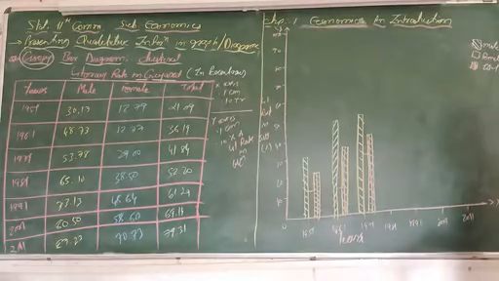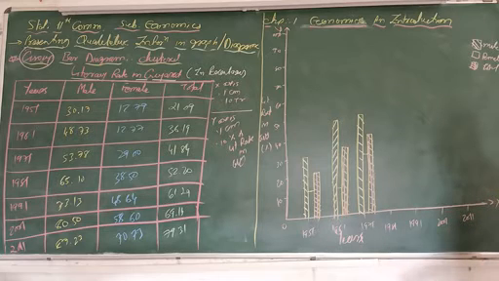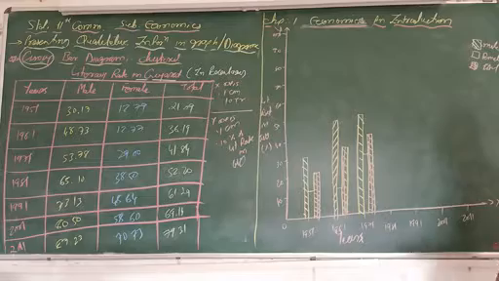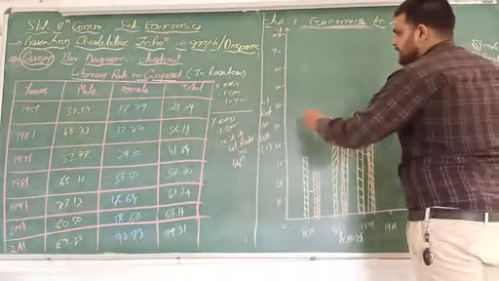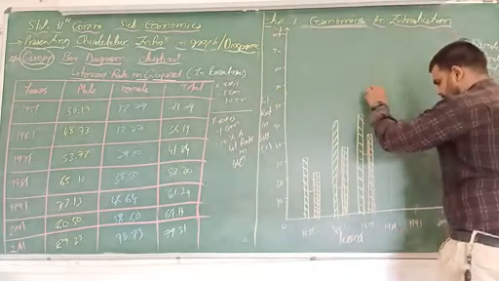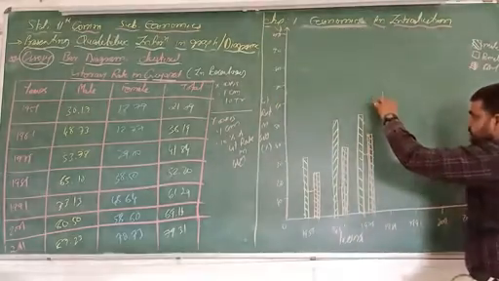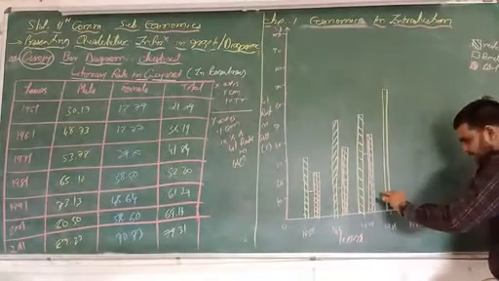Okay, same as we have to draw for 81, 91, 2001, and 2011. Okay, so here for 81, for male 65.10. So here between this 65. So here 65.10.